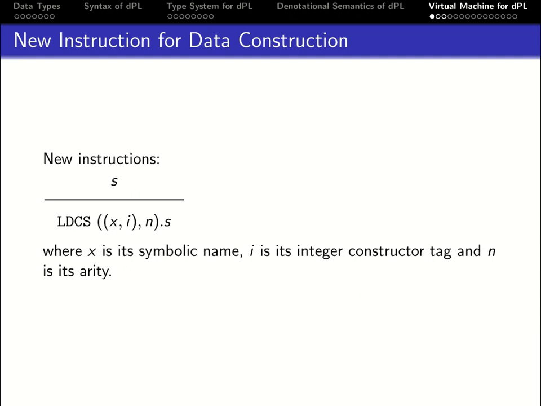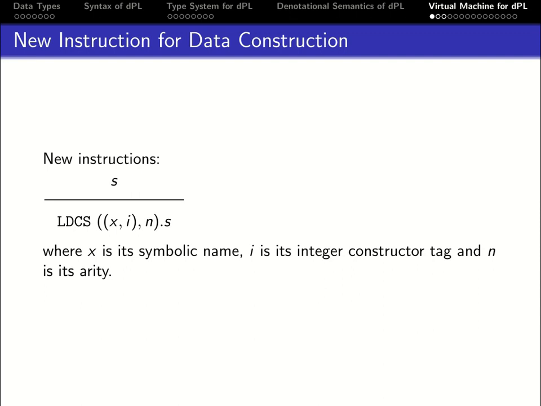I is an index corresponding to that constructor within its type. So if you remember the definition of the list, we had nil and cons as constructors. One of them is going to be index 0, the other one is going to be index 1.